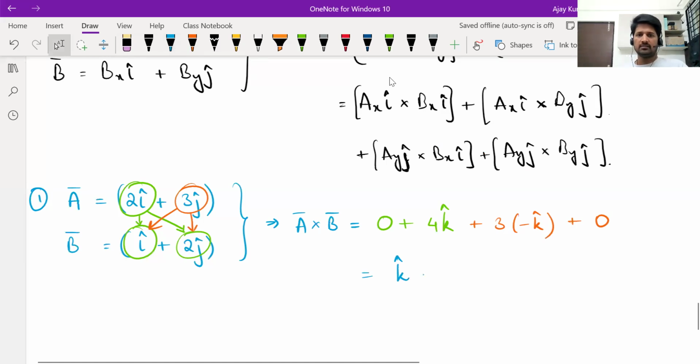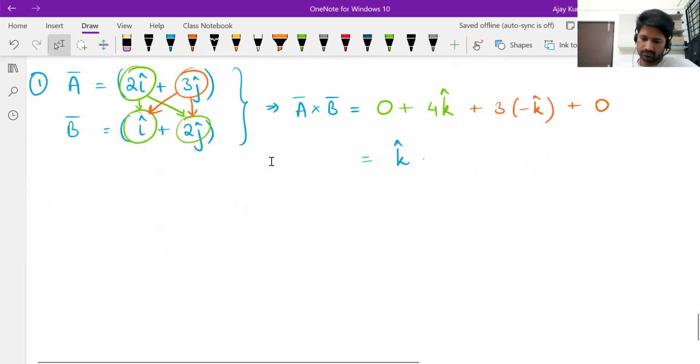Pawan and Rishi, is this clear? Yes, sir. Yes, sir. Okay. Try this now. I'll give you the vectors directly.